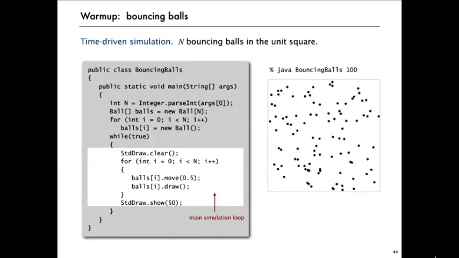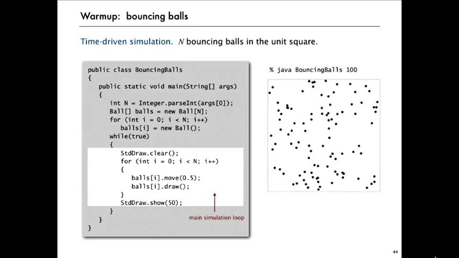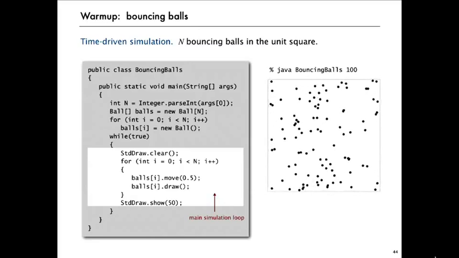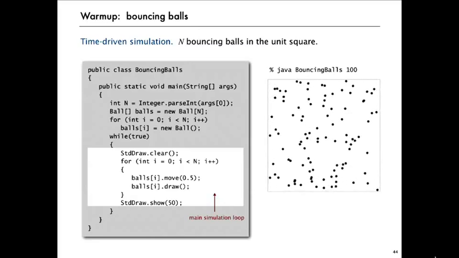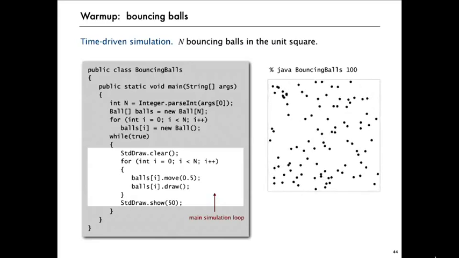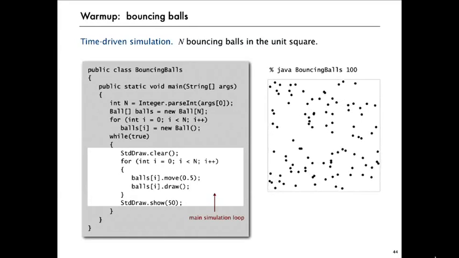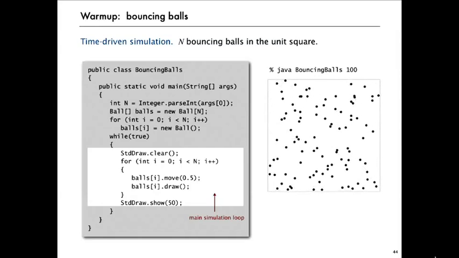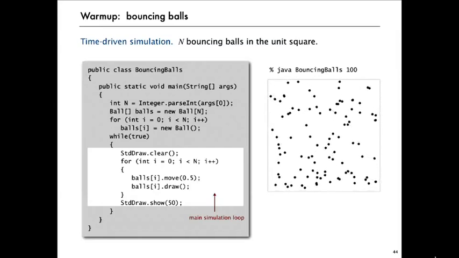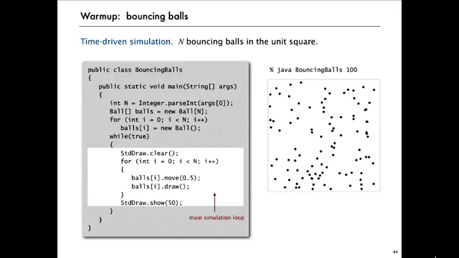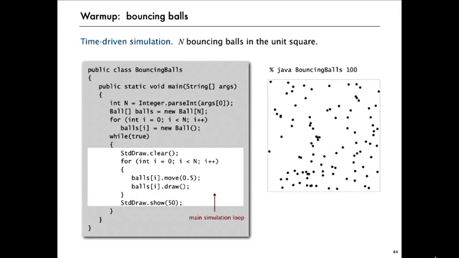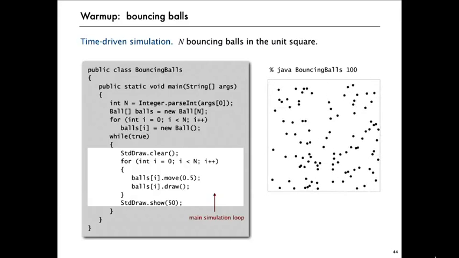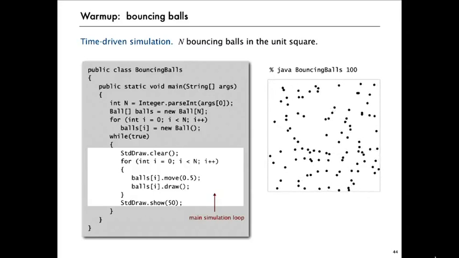And the only thing the move operation does is to update the position of the ball by the velocity, which is just another number, and then it does the bouncing off the walls. If it happens to hit the left wall, you reflect the x-coordinate, and the right wall, you reflect the x-coordinate, and bottom and top, you do the same for the y-coordinates.